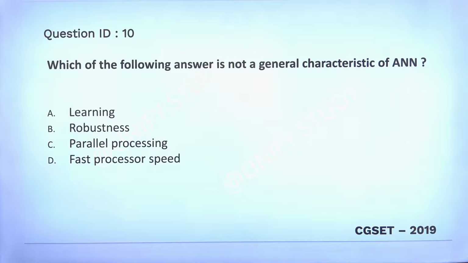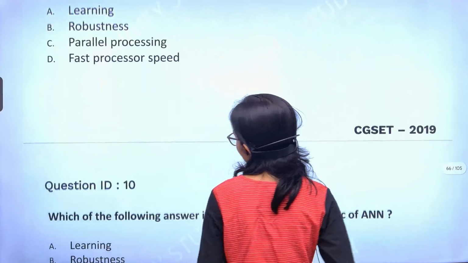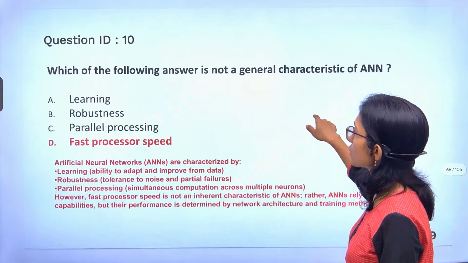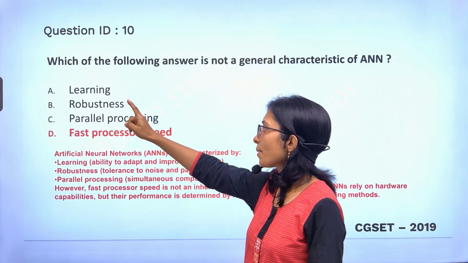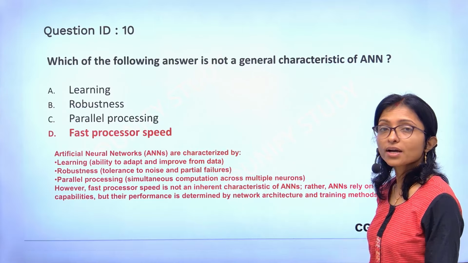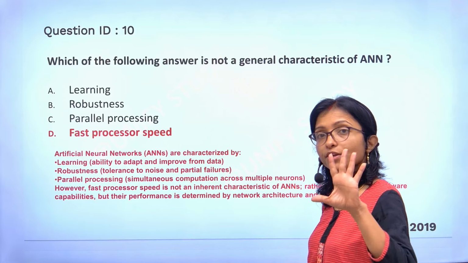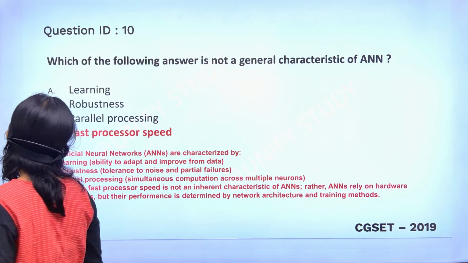Which of the following is not a general characteristic of ANN? Here most of you will make a mistake. Which of the following is not? Okay, learning is okay. Robustness is also okay. Parallel processing is also okay. Fast processor speed: a neural network is not always fast. It tries to give you better results, but not always fast.